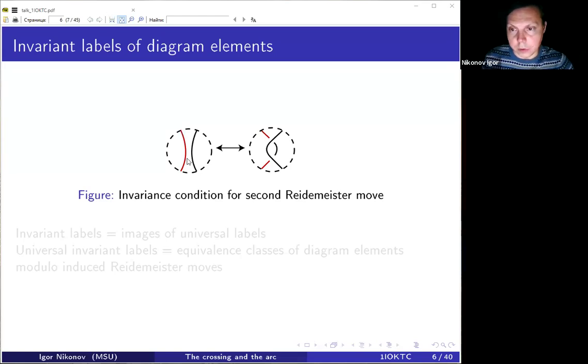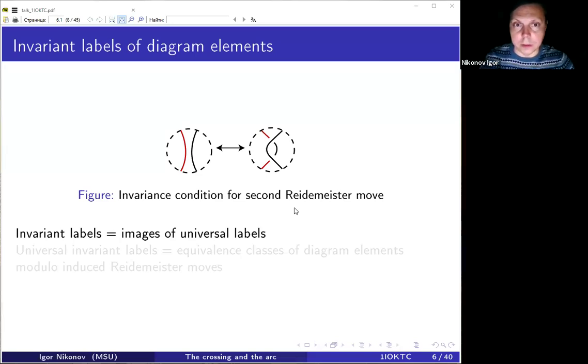And we say that we label each arc by some element of some set, and we assume that the elements which are assigned to these red arcs on the left and the right diagram must be the same. So the question is to describe possible invariant labels of arcs, or of crossings if we consider crossings.